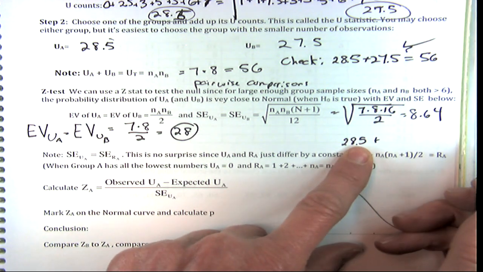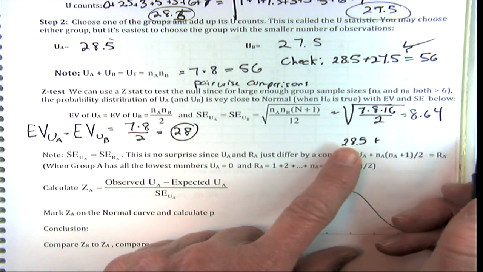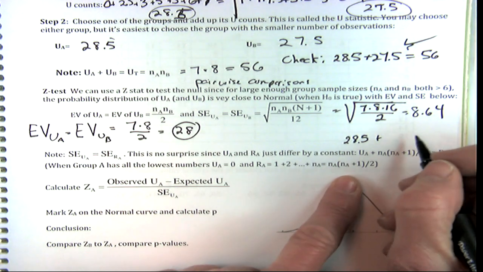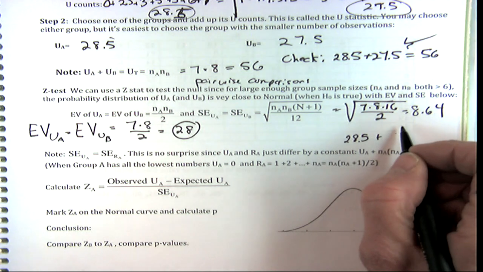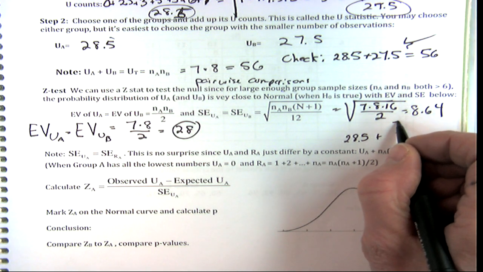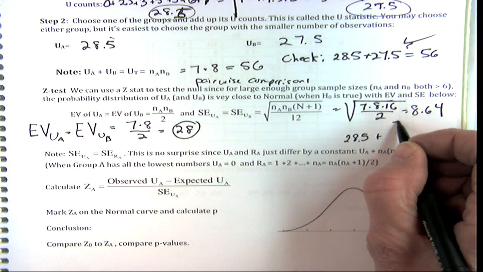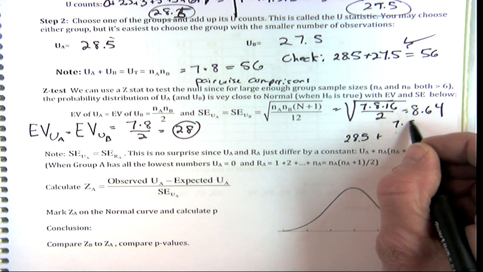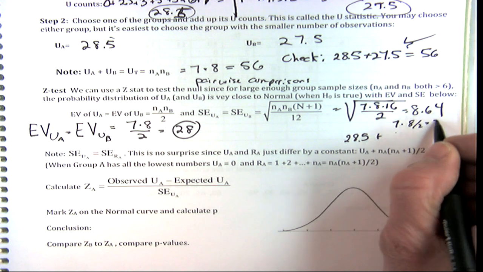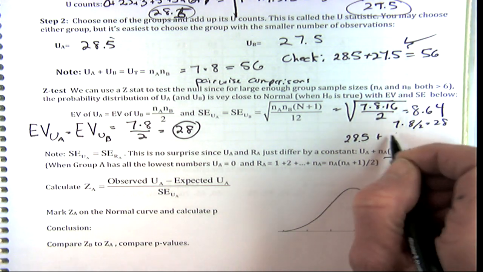Here, the U statistic is going to differ by 28, because I'm just adding up those numbers. Remember, it's going to be 7 numbers in A times n plus 1, which is 8, over 2, and that's 28.